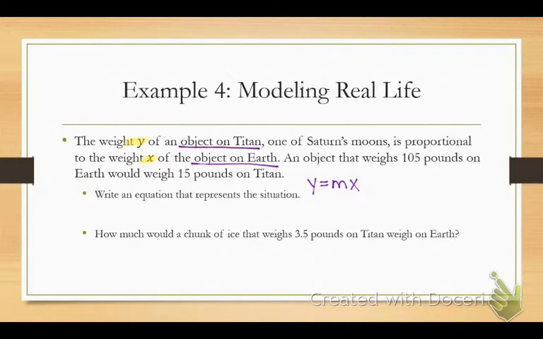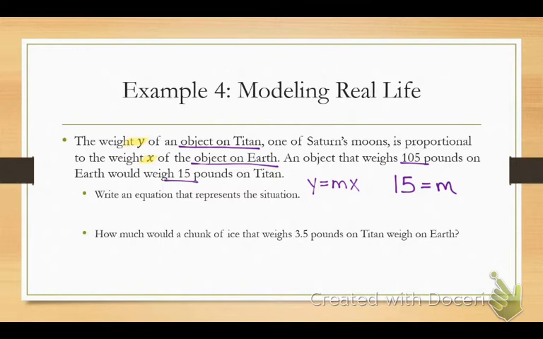So this 105, okay, and this 15, okay? So which value, if Y stands for the object on Titan, which number would I plug in for Y? 15. Do you see how that's 15 pounds on Titan? All right, and Y stands for Titan, so I plug in 15 for Y. And then I have M, which I don't know.